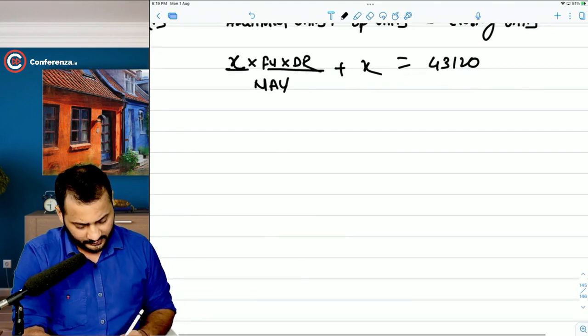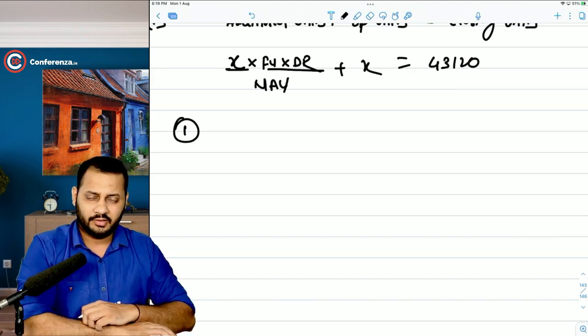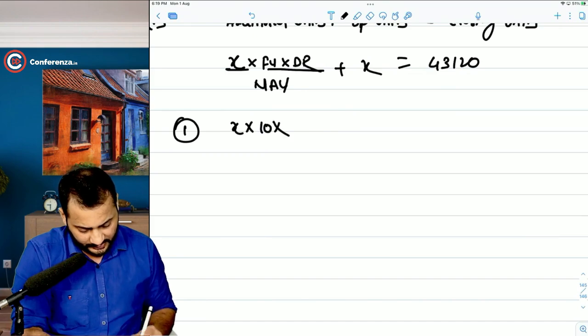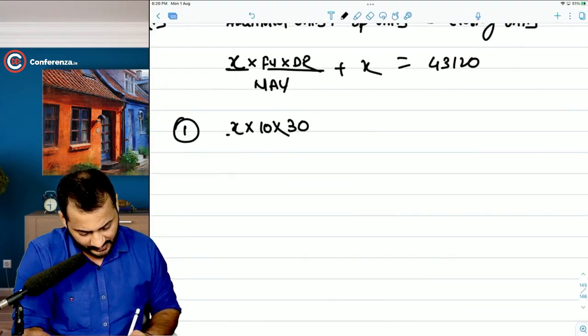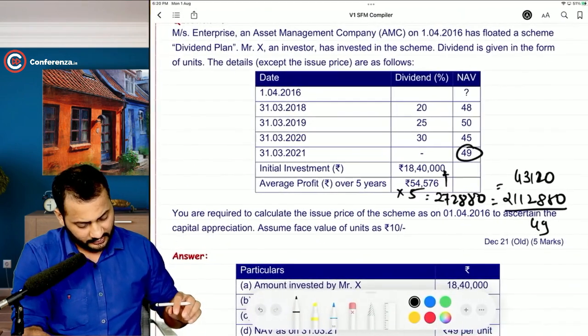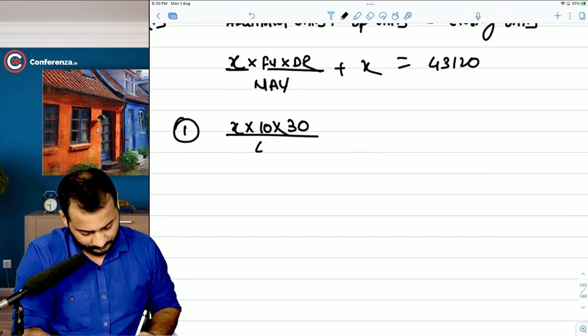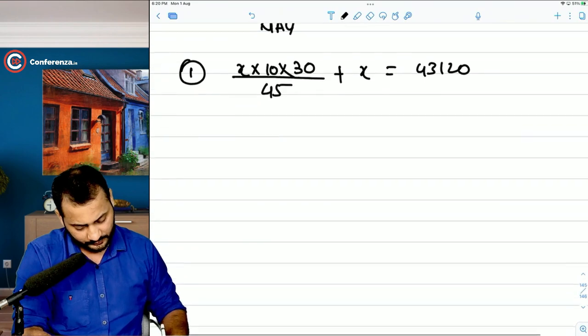Let's start doing it one by one. Let's put this formula every time and we will calculate the X. So X into 10 into, what is the dividend rate? 30%. And at that date, the NAV was 45, plus X is equal to 43,120.